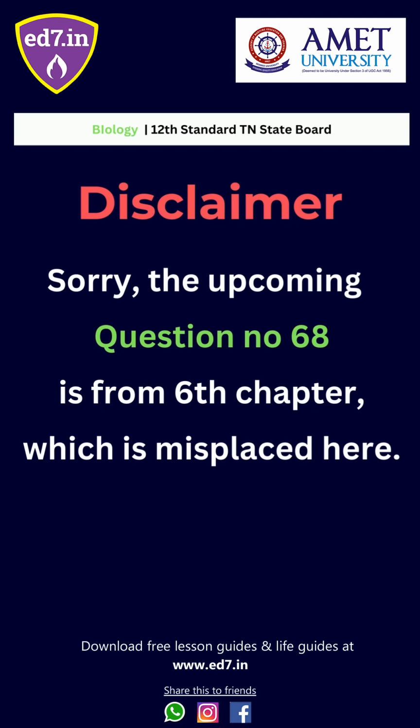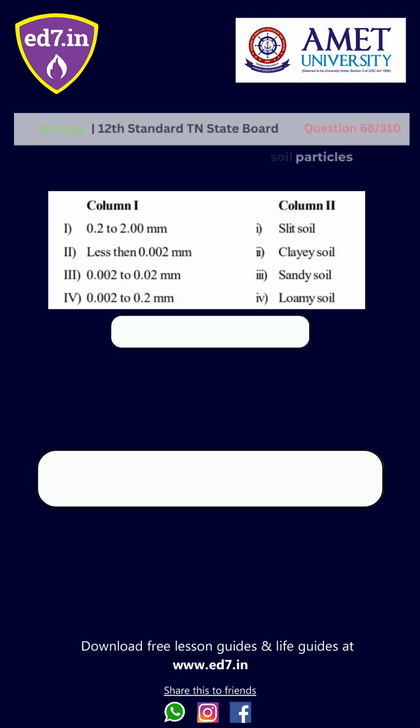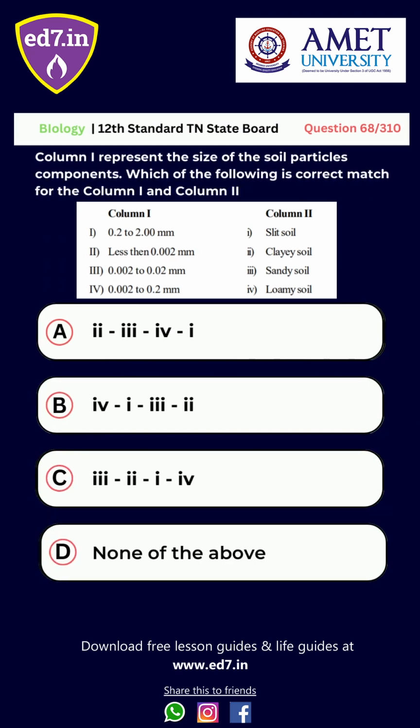Sorry, the upcoming question is from the 6th chapter, which is misplaced here. Question number 68. Column 1 represents the size of the soil particle components. Which of the following is the correct match for column 1 and column 2?